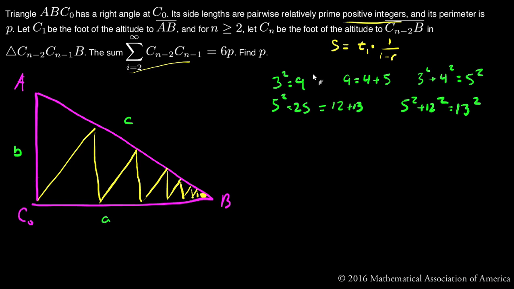And as we saw earlier, the first term in here is going to be found by B times, let me make sure I'm doing this correctly, A over C. But we also saw this.